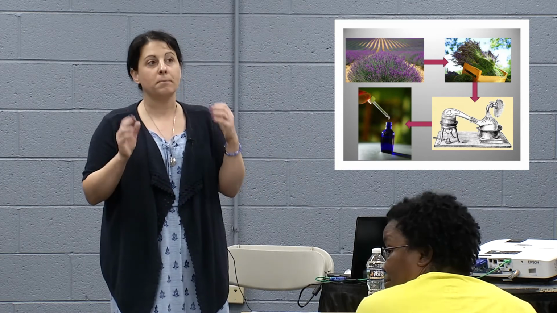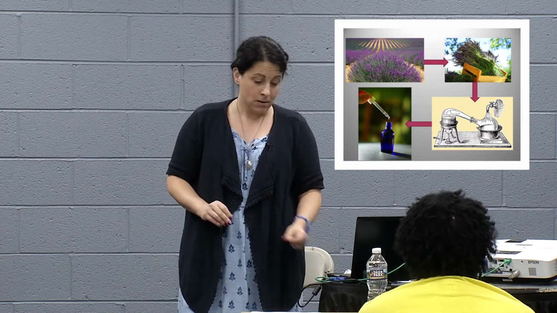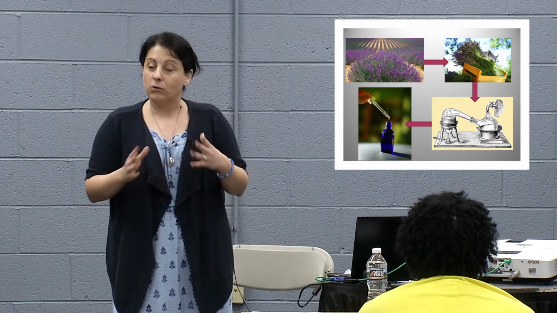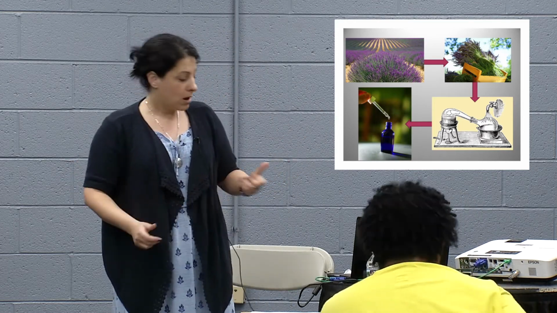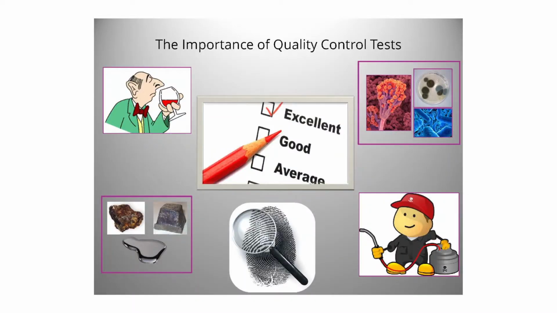It's because there are so many steps involved. So it's amazing that there is any sort of batch-to-batch consistency. And it's no surprise that there is company-to-company variation between essential oils. And this really calls into play why the quality of essential oils is so important.